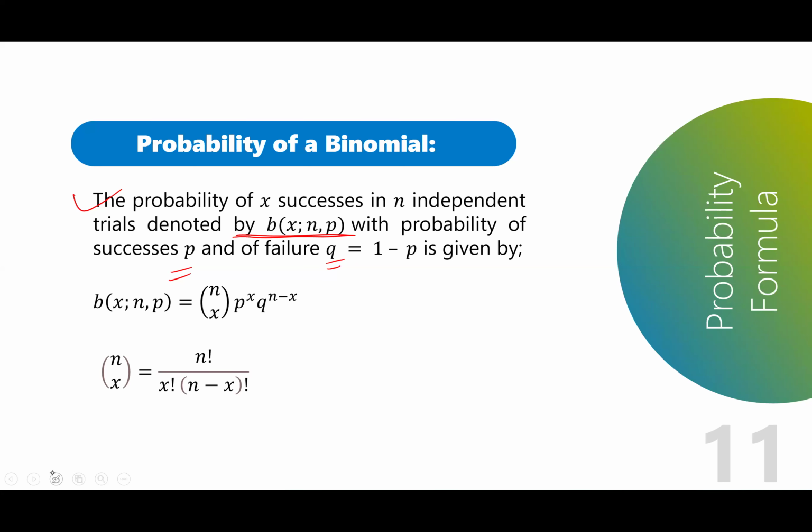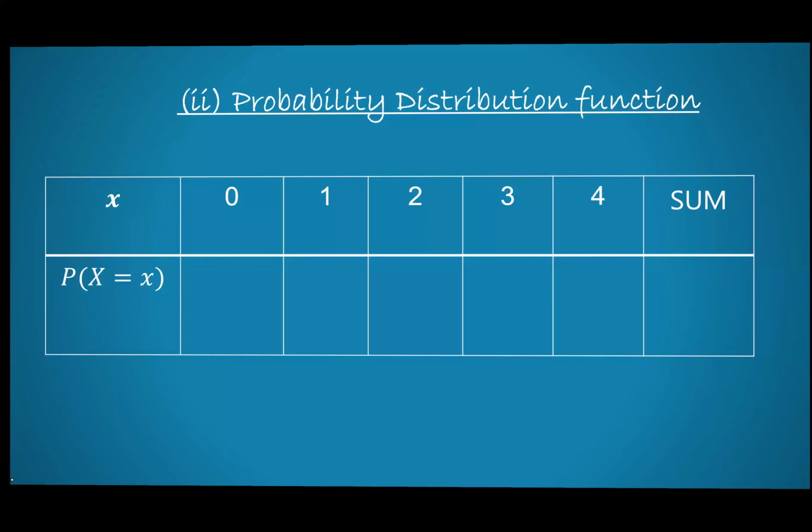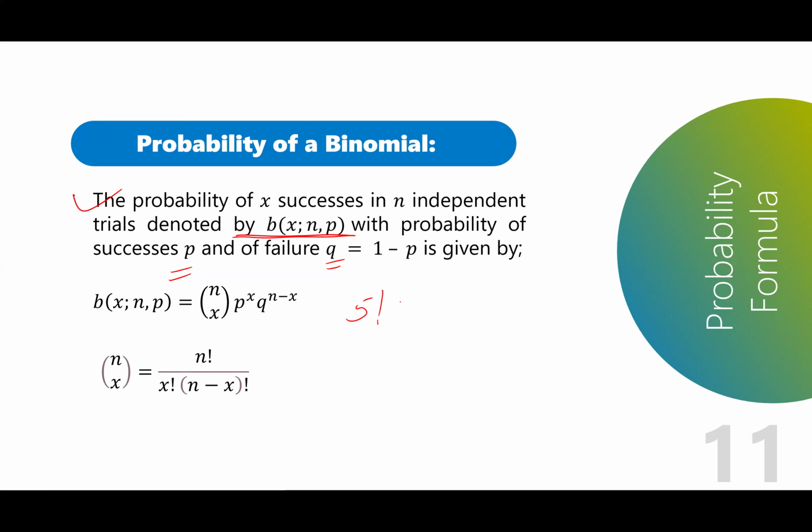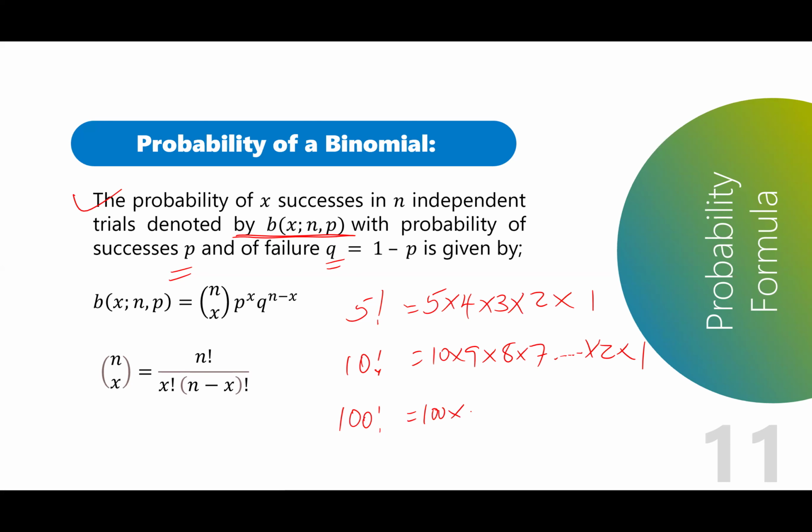Now, what is this factorial notation? If I say, let's say 5 factorial, I need to do 5 times 4 times 3 times 2 times 1. 10 factorial would be 10 times 9 times 8 and so on down to 1. 100 factorial would be 100 times 99 times 98 times 97 and so on down to 1.